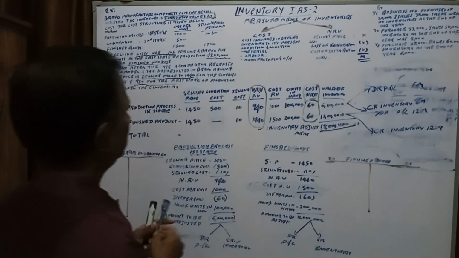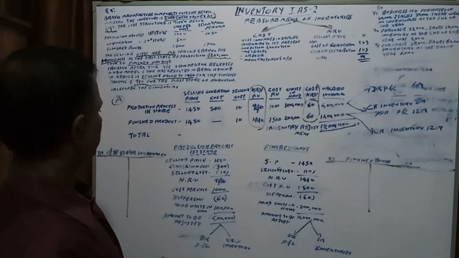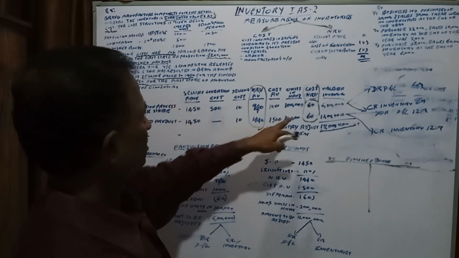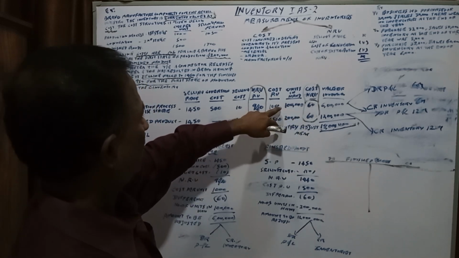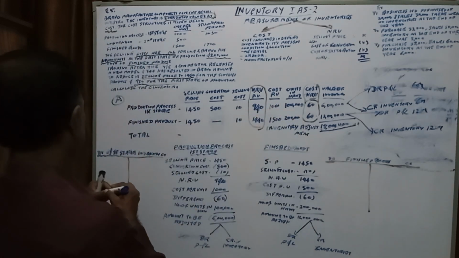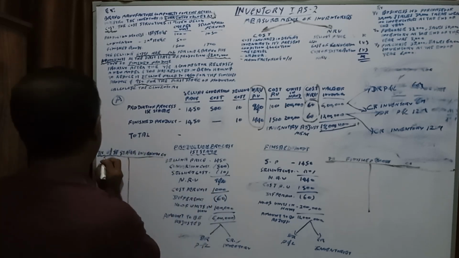Here they have said they are currently valuing at cost, in the sense 100,000 units into 1000 rupees. So brought forward, inventories will always have a debit balance brought forward.